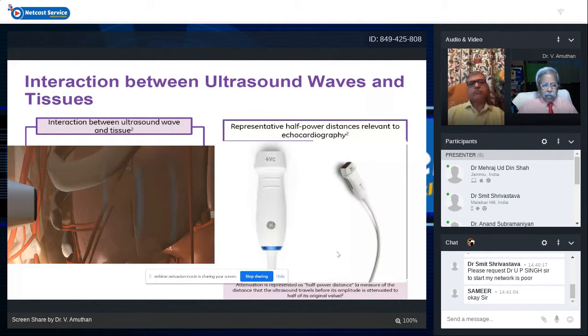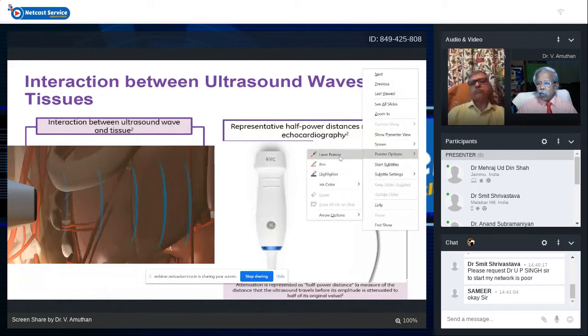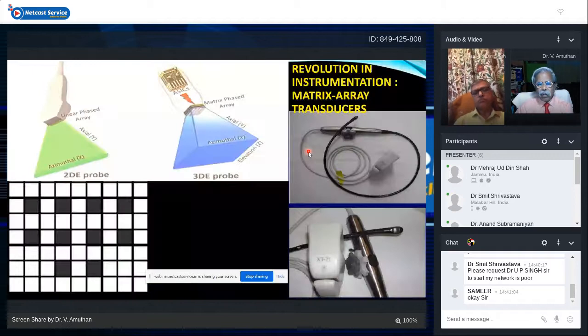And the improvement from M-mode to 2D to 4-dimensional echocardiography is made possible by the improvement in transducer technology, which you see here. That is the transducer technology which resulted in this.